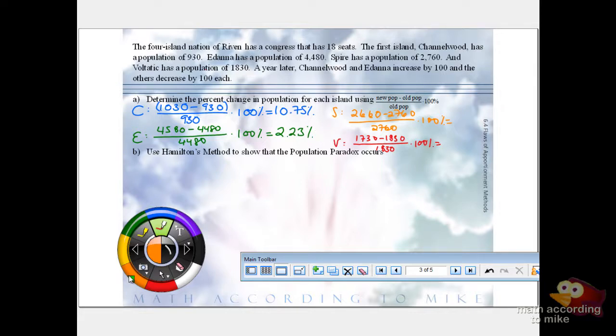Spire decreased by 100, so this number should be negative. What do you get? And Voltaic, I got negative 5.46.